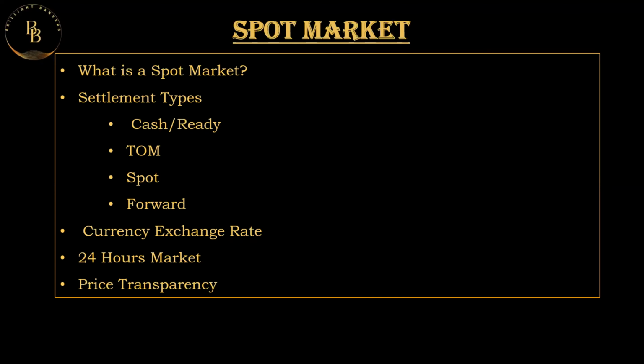Who are the main participants in this spot market? The major players of the spot market include banks, financial institutions, corporations, and individual traders who are seeking immediate currency conversion. There is very high liquidity in the spot market, making it easy to buy or sell currencies without significant price impact.